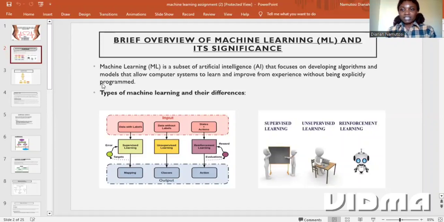Supervised learning is a type of learning where we are using labeled data. For example, in our project, the attributes that we're going to use are age, sex, high blood pressure or cholesterol levels, and whether the person feels chest pain or not.